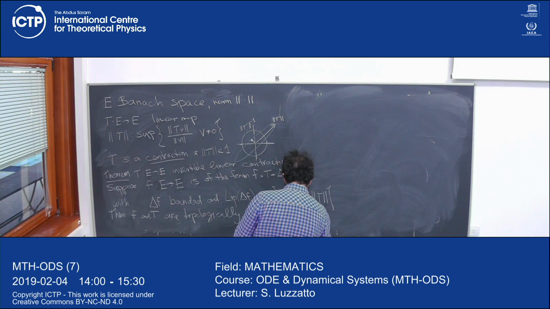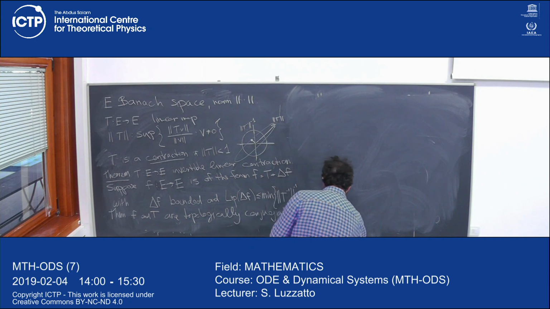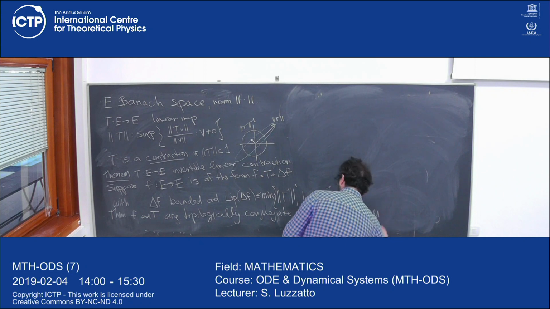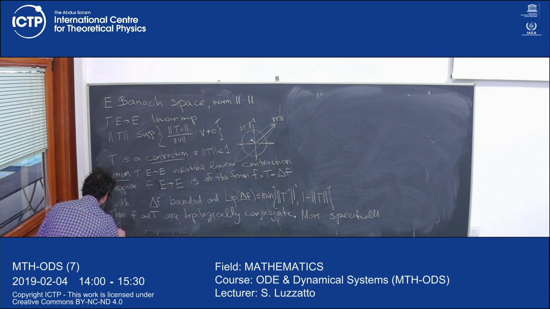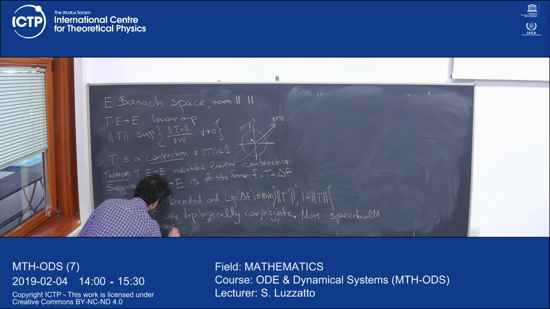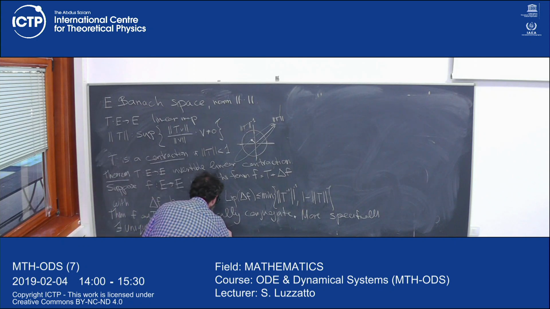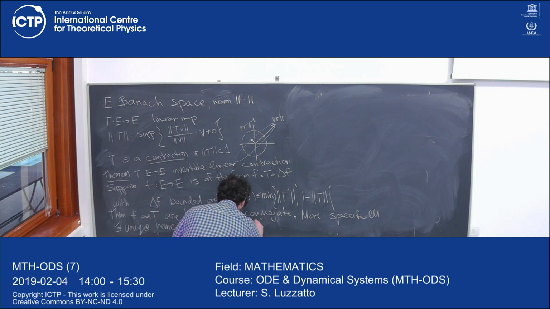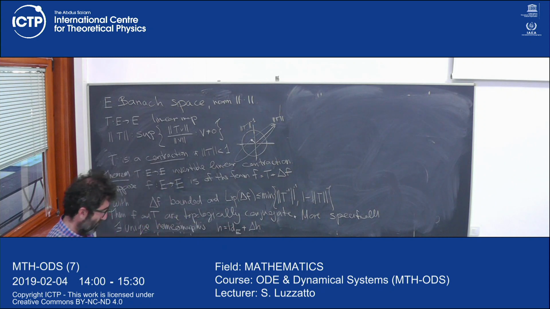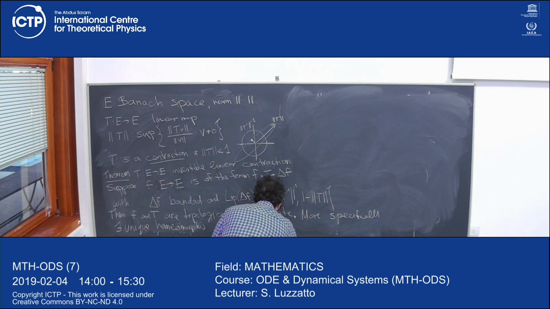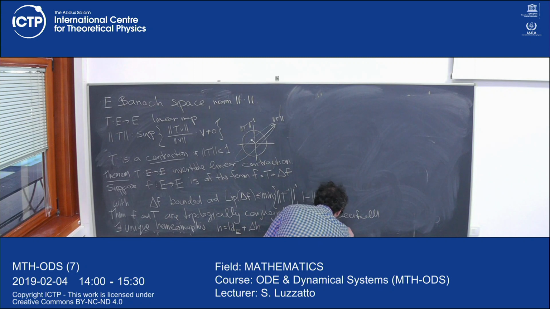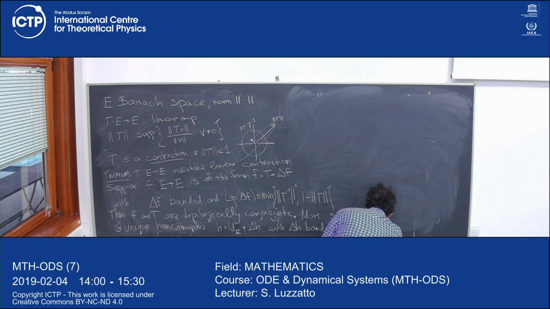And so more specifically, there exists a unique homeomorphism of the form H equals the identity of E plus delta H, with delta H bounded, such that H is a topological conjugacy.